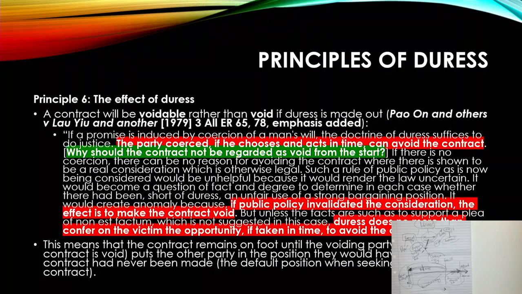So what the court says is, okay, we need to create a guardrail on this to say that if a party has been wronged by a threat imposed on them to enter into the contract, they deserve the right to decide what they want to do with that contract. Do they want to keep it going, or do they want to have it declared void? If they want to have it declared void, they must go to court, they must get that declaration.